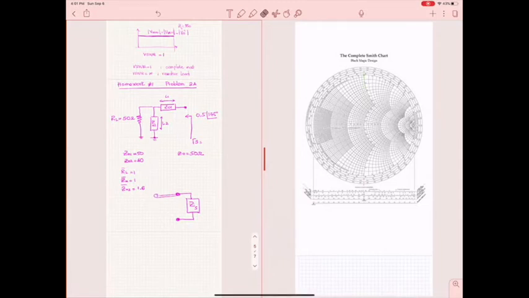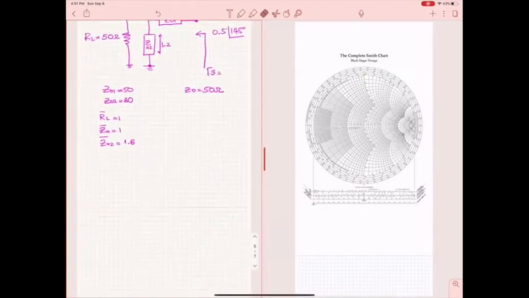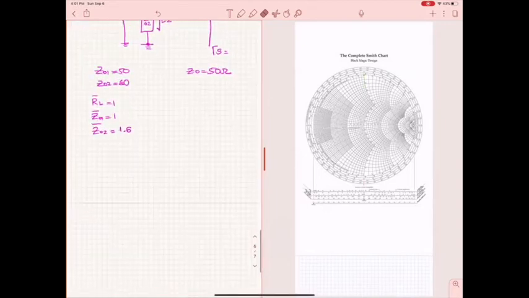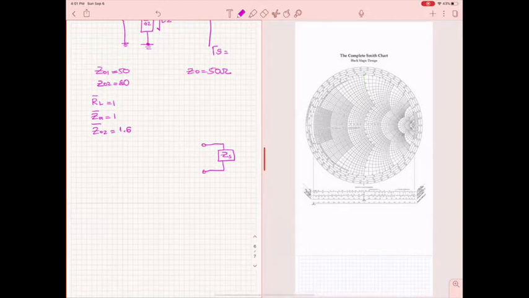Let me draw it a little nicer. So here I have a load Z sub S, that's my transistor. Then here, I put a transmission line.